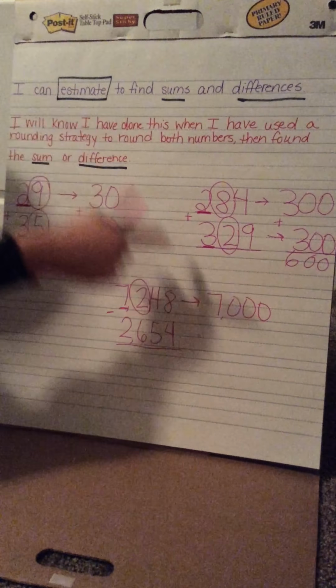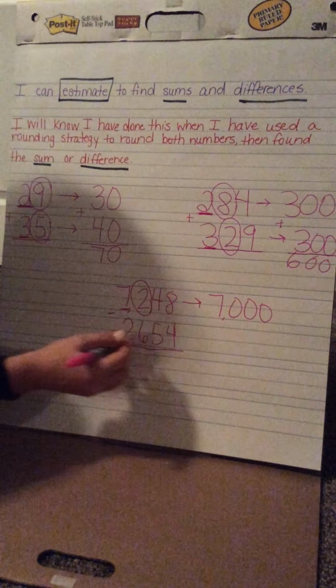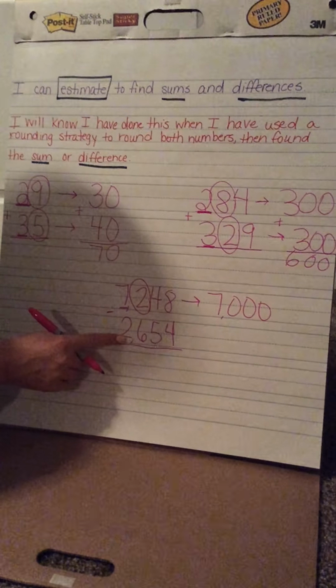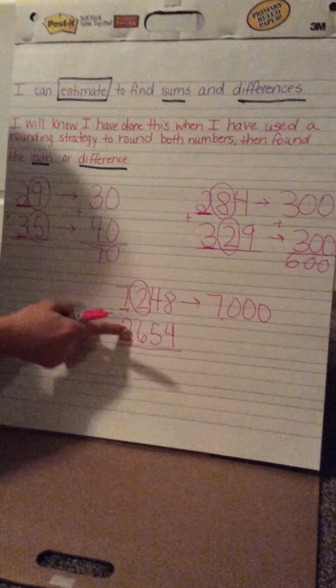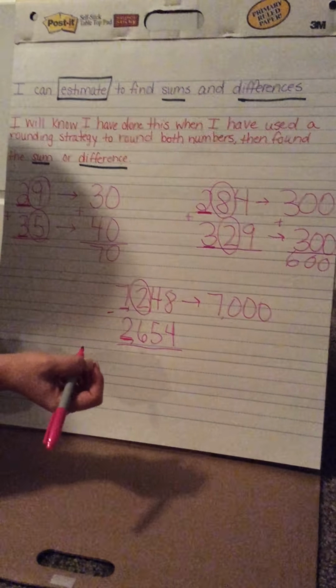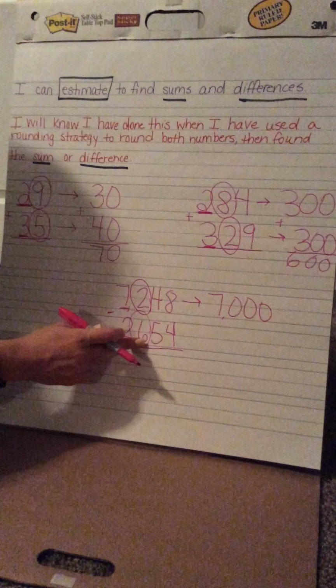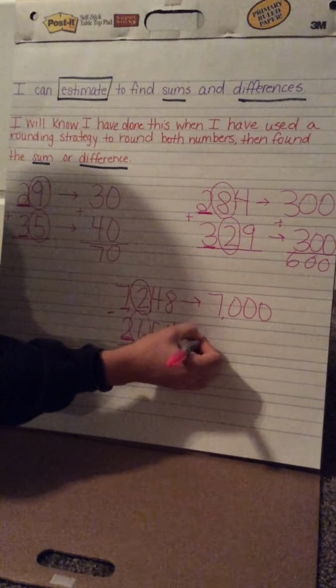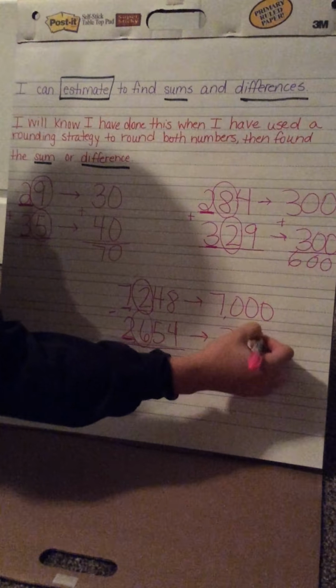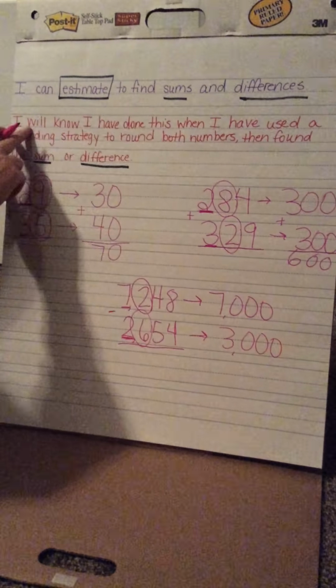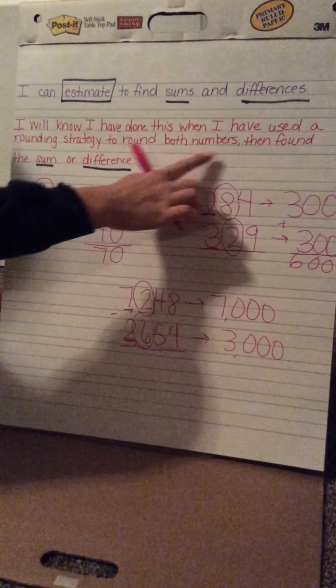It's an estimated 7,000. Then I'm going to look down at my next number and ask myself, is this closer to 2,000 or 3,000? And the 6 is going to help me know that this is going to be closer to 3,000. Now, if I look back up at my success criteria, you'll know you have done this when you have rounded both numbers.